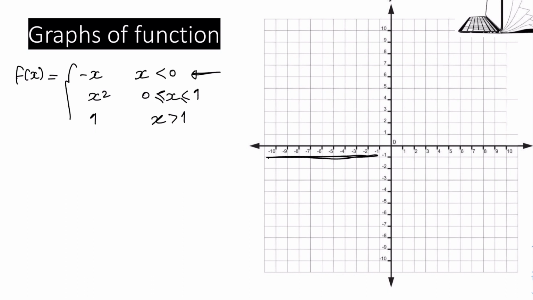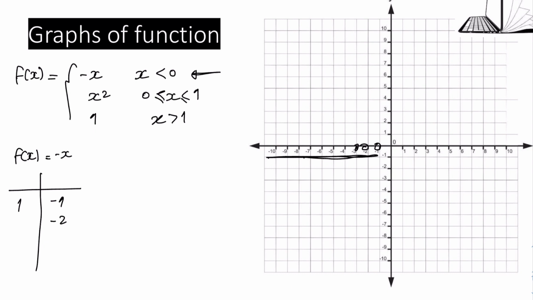If x is negative, it's minus x. So if f of x equals minus x, this means that if x is minus 1, because x should be negative, so I need to vary these values. So minus 1, f of x is going to be 1, right?